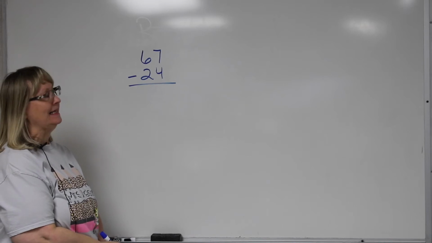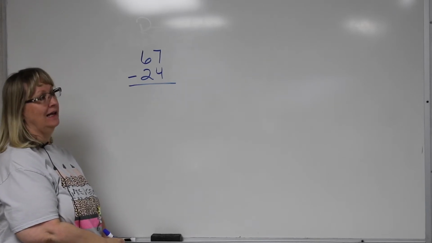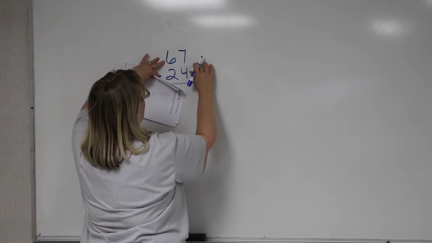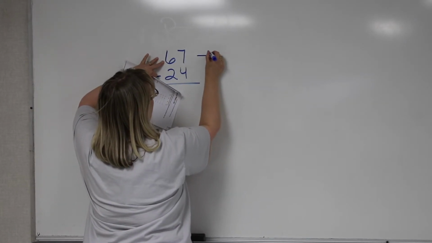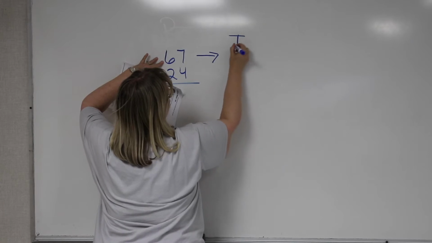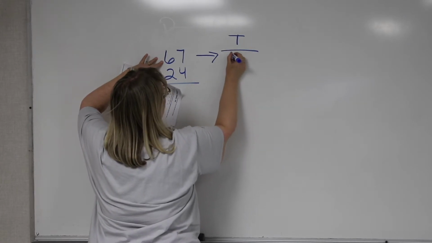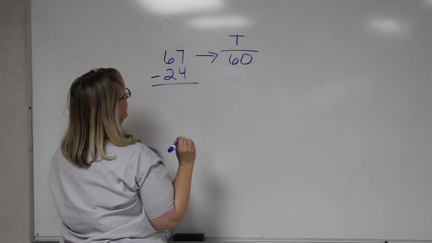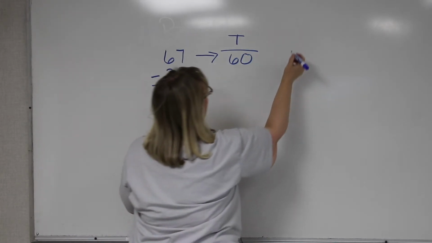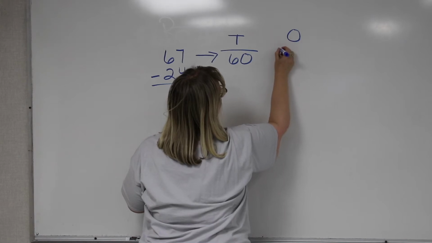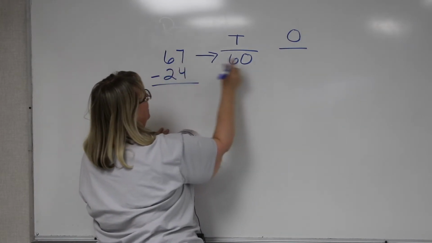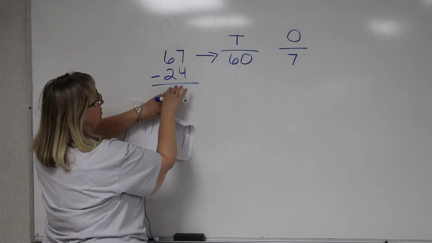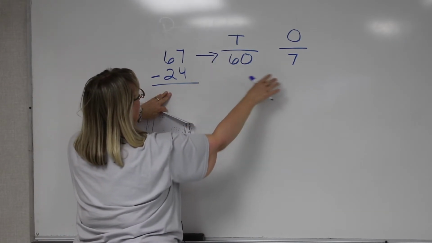I could break it down into our tens and our ones. So let's look at 67. How many tens do we have? We have 6, which represents 60. And then our ones. How many ones do we have? We have 7. Then we could break our 24 down into tens and ones.